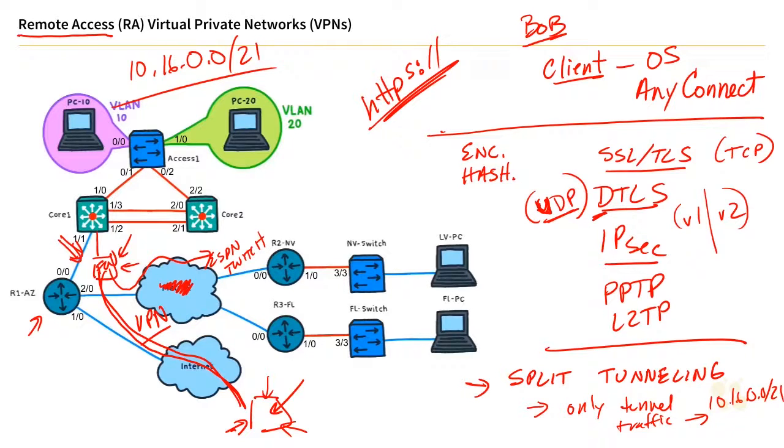So if Bob's going to ESPN or Twitch or anywhere else that wasn't 10.16.0, that traffic would just go directly there to those servers and wouldn't be sent through the VPN tunnel to the corporate site. So the idea of split tunneling is specific instructions on which traffic, based on IP information, should go through the tunnel and everything else shouldn't.